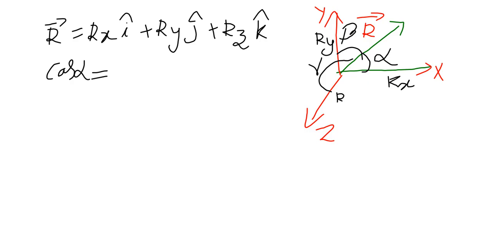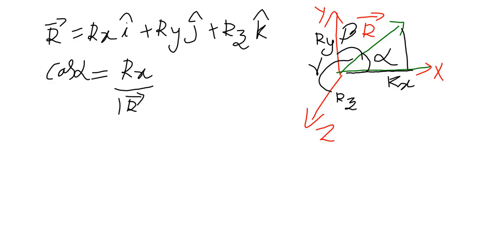So cos alpha is equal to Rx by modulus of R bar.